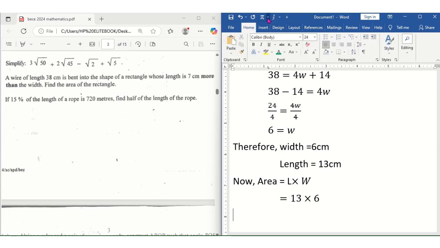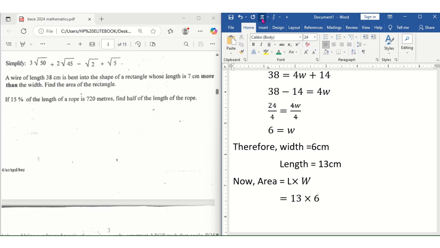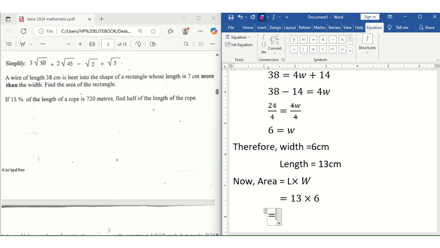Then our next step is going to be equal to 13 times 6. 13 times 3 is 39. Another 13 times 3 is 39. So that will give us 39 plus 39, which is 78.